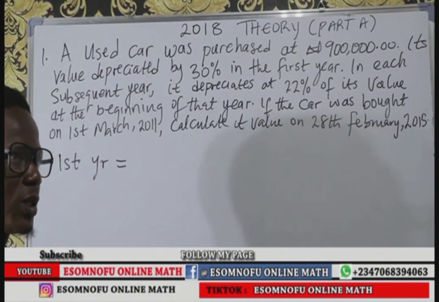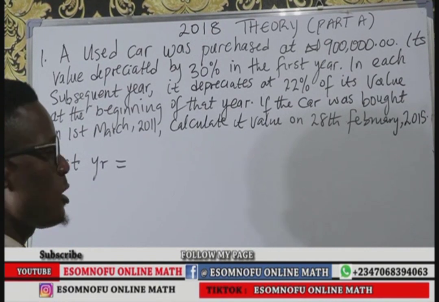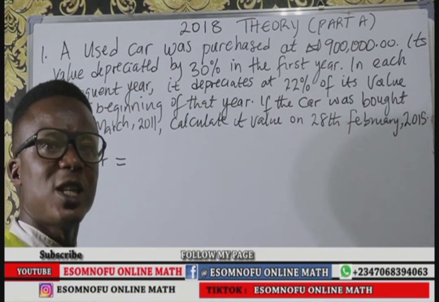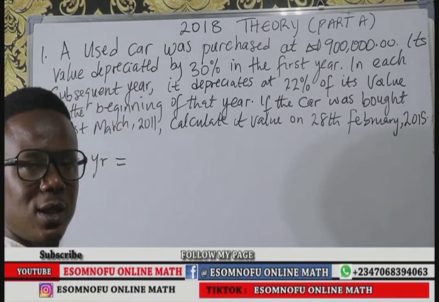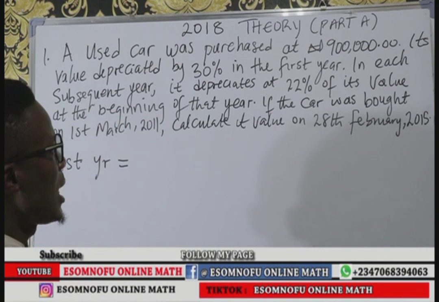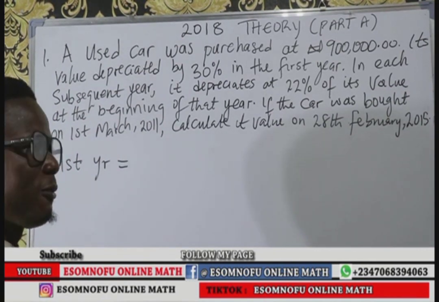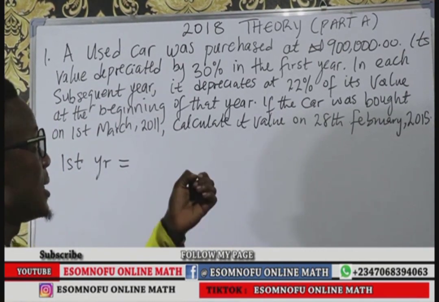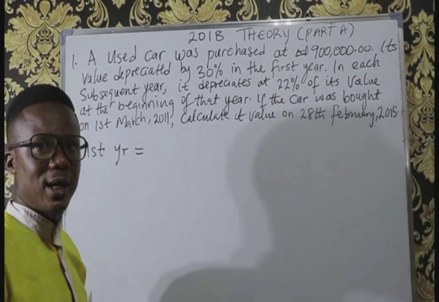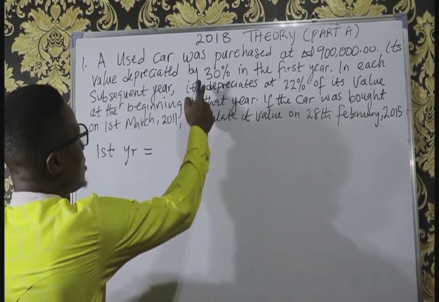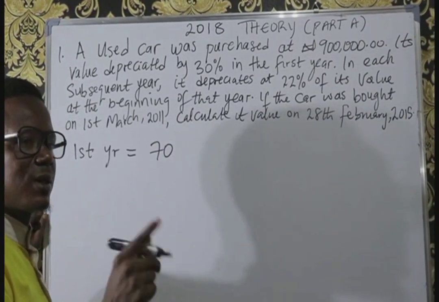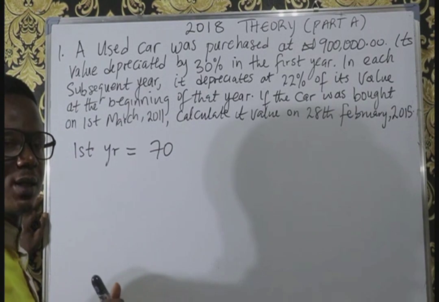But if you don't want to waste your time, you should know that depreciation of 30% implies that 100% has been reduced to 70%. That is 100% minus 30%. So instead of using 30% to multiply 900,000 and subtract at the end of the day, we can easily use 70% because the depreciation of 30% implies that 70% is left.